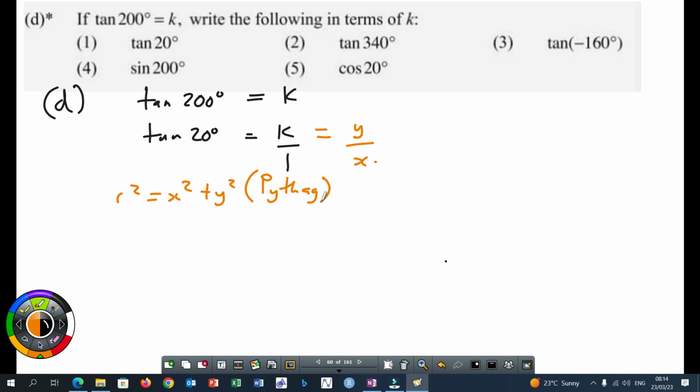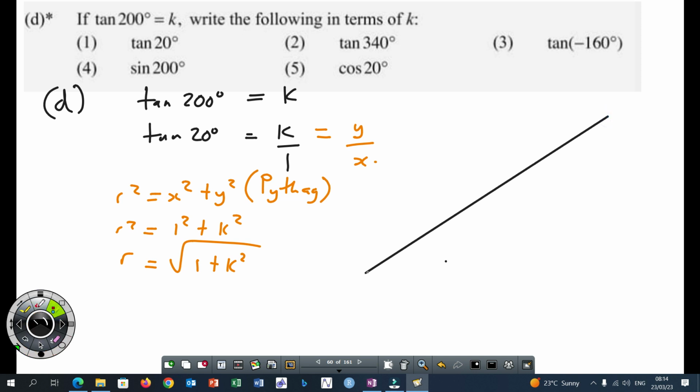That's Pythagoras, right? Then r squared is equal to x, which is 1, y is equal to k. So r is going to be the square root of 1 plus k squared. Then we draw our diagram.